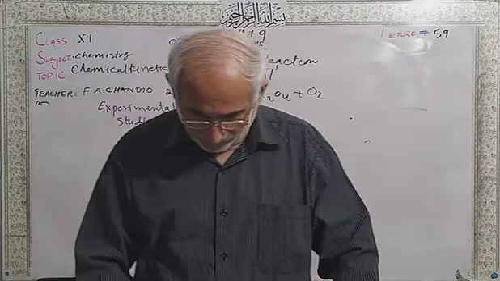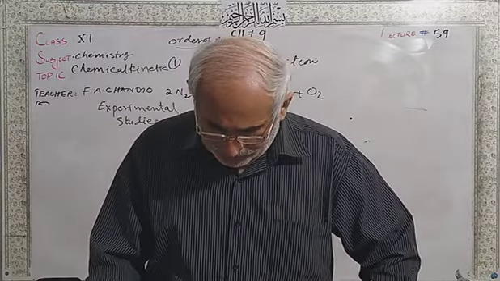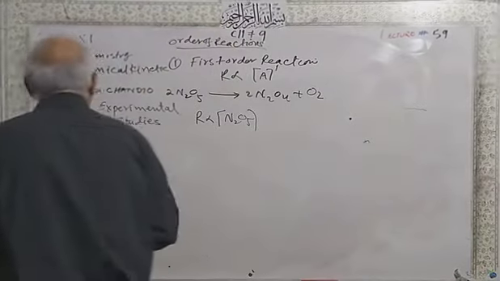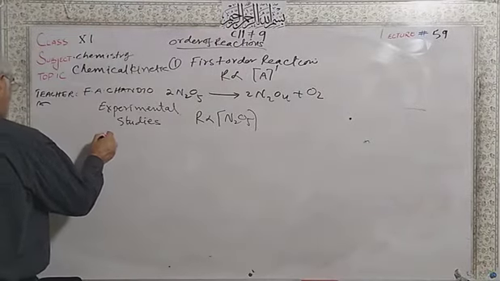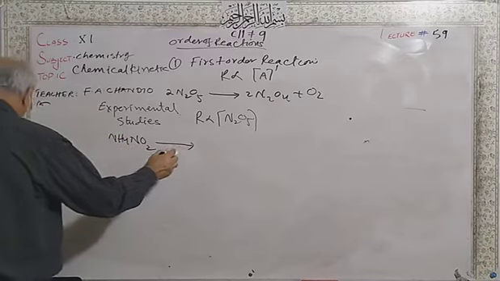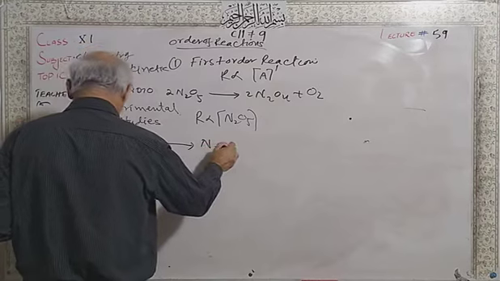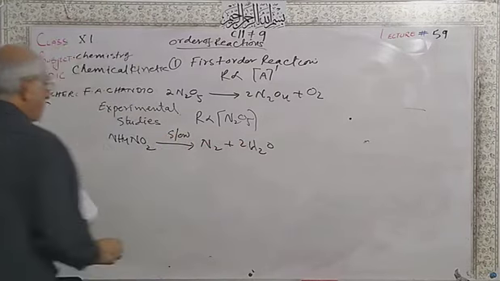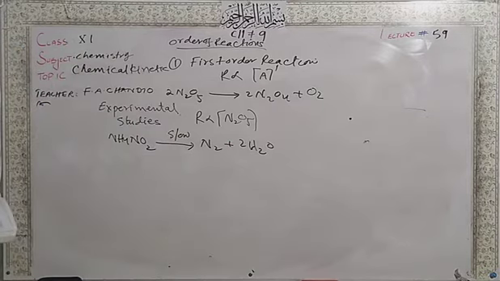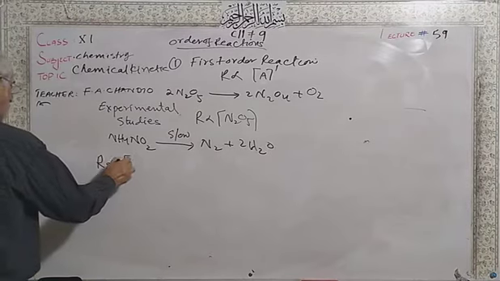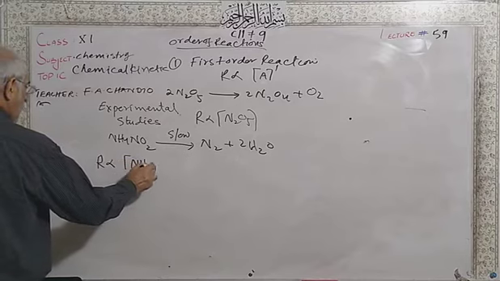Second, ammonium nitrite. This is a slow step, and this is the rate determining step. Ammonium nitrite decomposes to give nitrogen gas plus 2 water molecules. Must write it like this: this is a slow step and the rate determining step, because according to the rate law, the rate is directly proportional to the first power of ammonium nitrite.